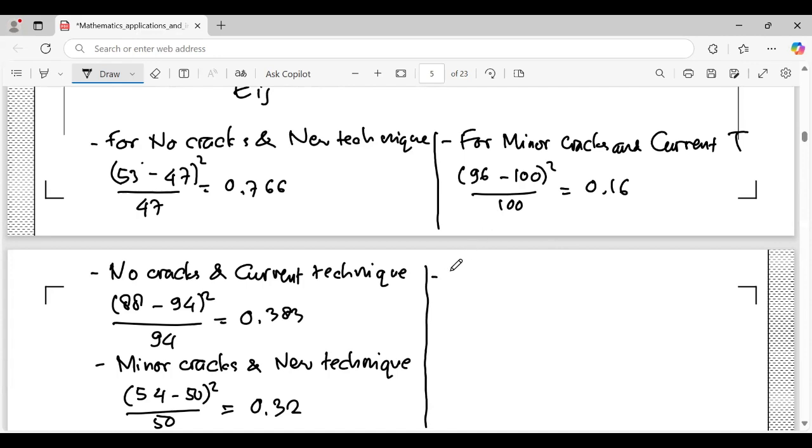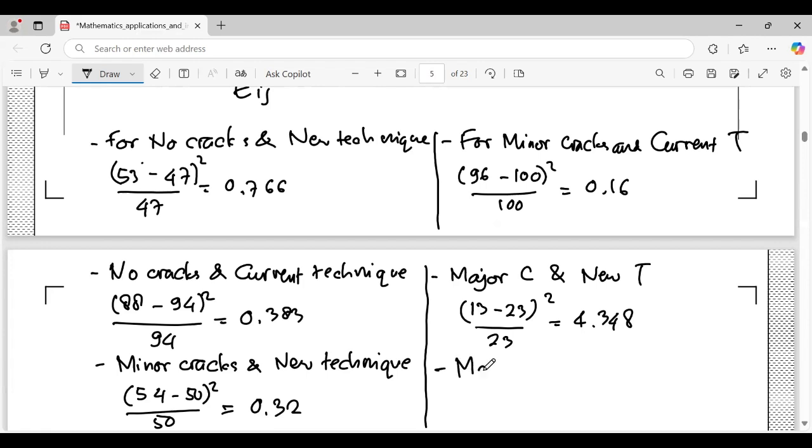And then for major cracks and new technique, 13 minus 23 squared over 23 is 4.348.